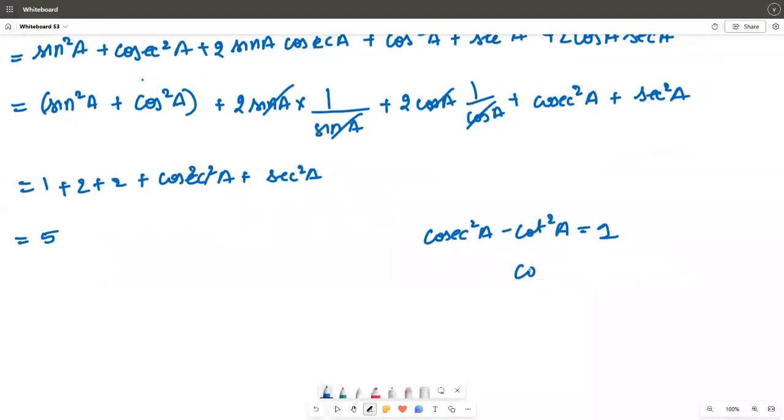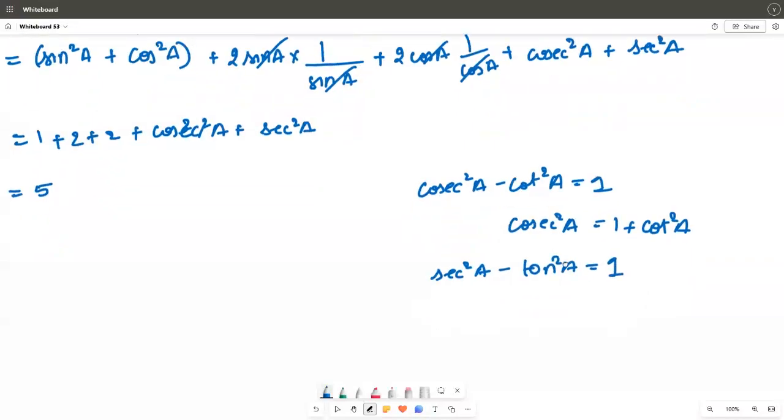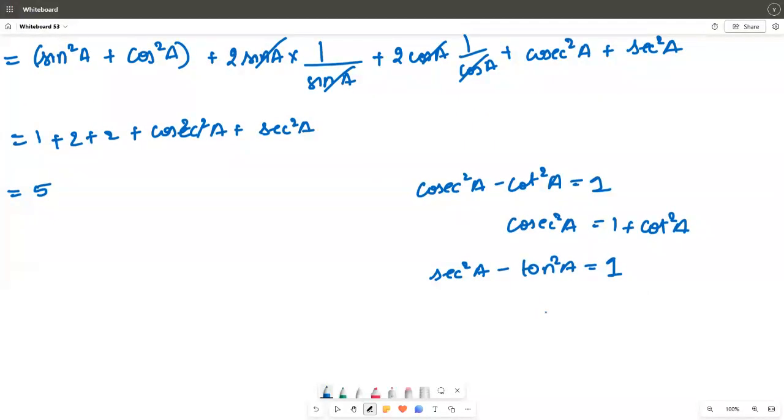Therefore, cosec square A is equal to 1 plus cot square A. And also we know that sec square A minus tan square A is equal to 1. If I bring the tan square A to the RHS, sec square A is equal to 1 plus tan square A.